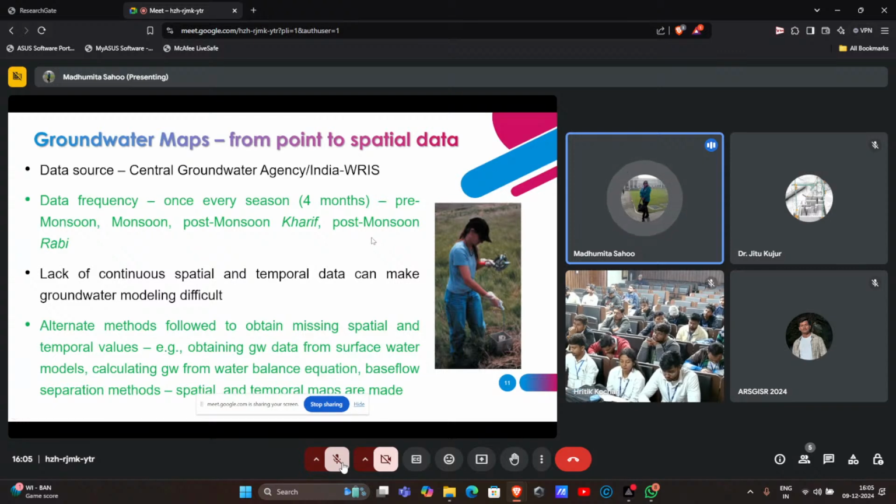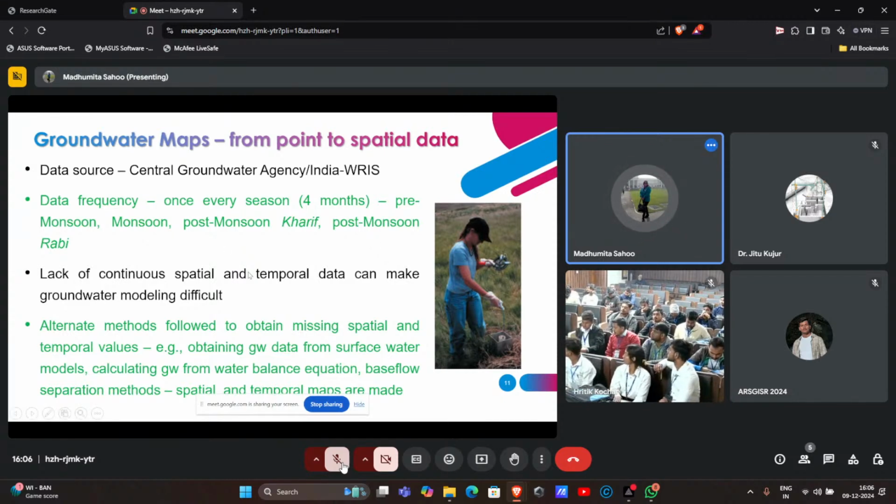So the alternate methods could be filling up the missing spatial and temporal values, and sometimes they go for base flow separation methods at both temporal and spatial scales, and sometimes they calculate groundwater from the water balance equation by using ArcSWAT or HEC-HMS or any other software.